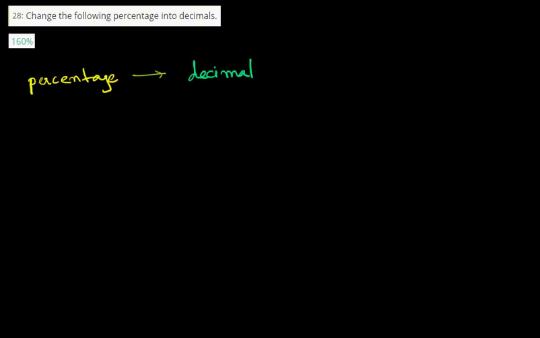Now we have been doing questions like this, but the only difference was that we were converting decimals into percentages. But now we're doing the opposite, which means the whole process that we have been doing for converting decimals into percentages is now going to reverse. So let's see how it's done.